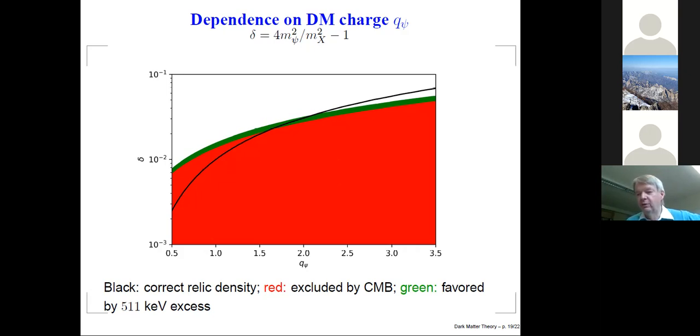The propagator is really already dominated by this delta, even though delta is pretty small, rather than by the kinetic energy. Whereas in the early universe, the kinetic energy is significant. That's why the slope of this line differs from the slope of this boundary of the red and green region. And you find here that the optimal choice would have a charge of like 1.5 or 2 or so. That's not unusual, not unreasonable, I would say.